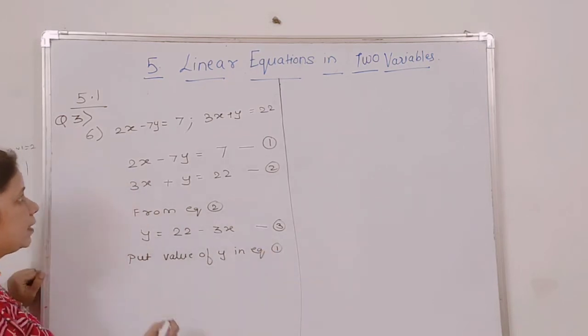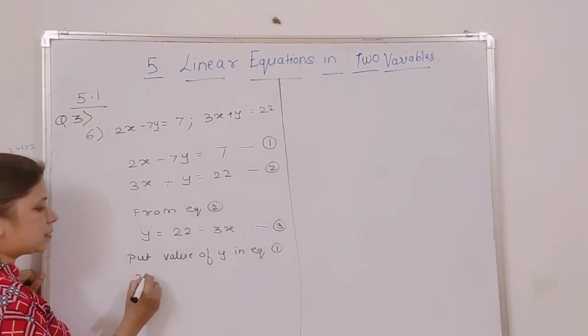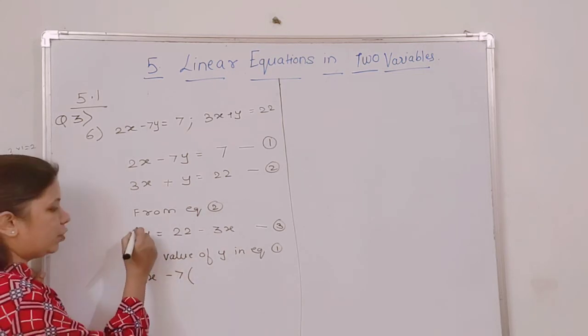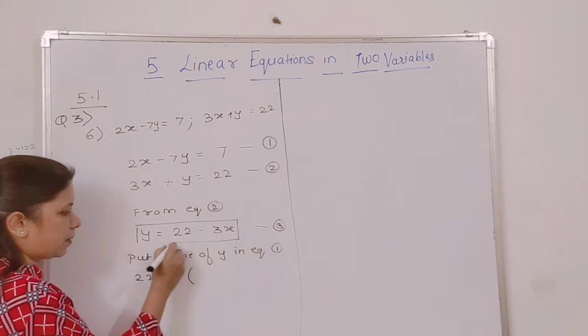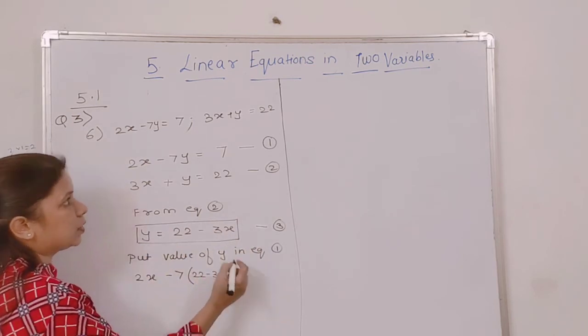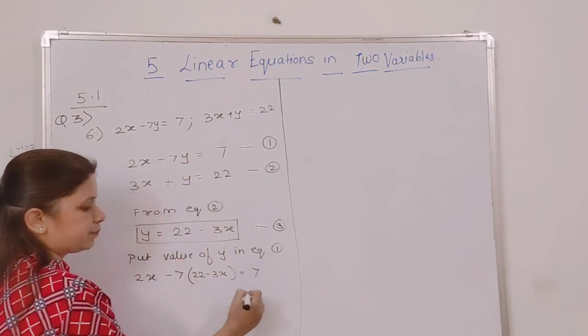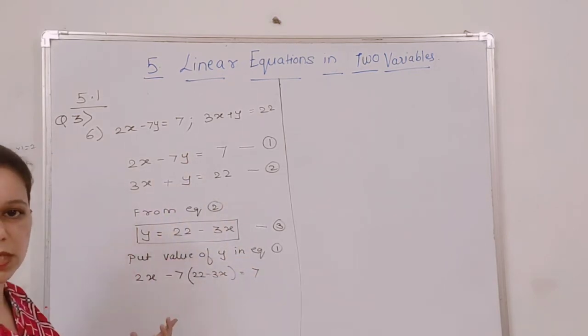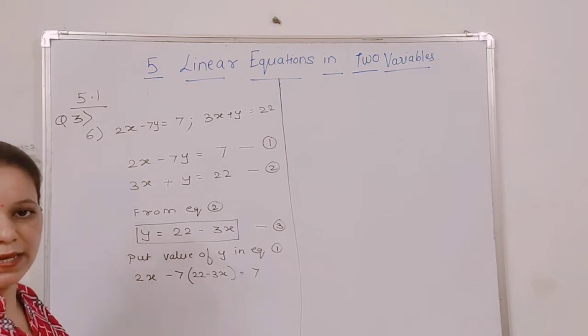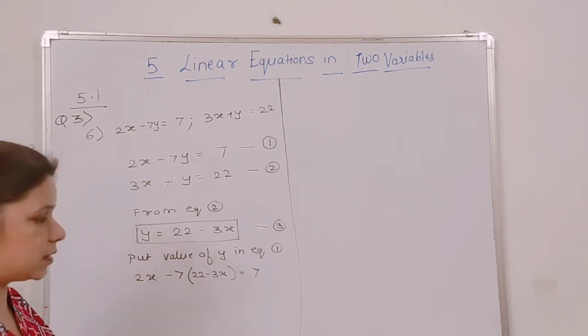So here we get 2x minus 7y. The value of y is this. So 2x minus 7 times (22 minus 3x) is equal to 7. Now we will solve this equation so that the entire equation is in x and we get the value of x.